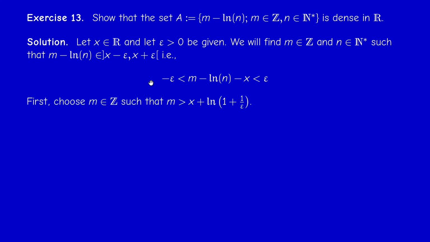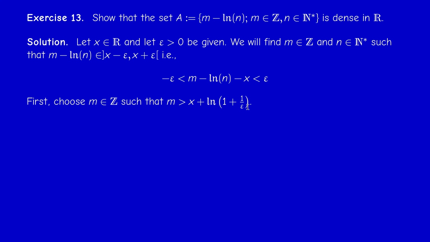So we have to choose two integers, m and n, so that this condition is satisfied. Epsilon is given here. So first thing we do is we take an integer m sufficiently large, so that it's bigger than x plus ln of (1 plus 1 over epsilon). And you'll understand in a moment why I chose this condition.